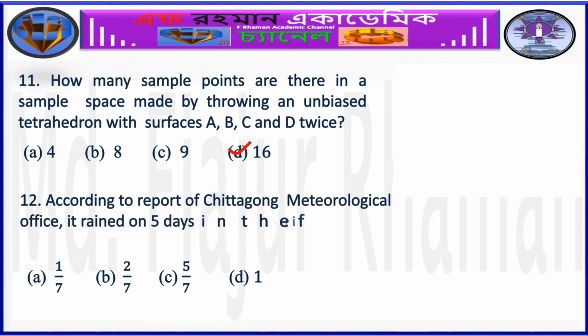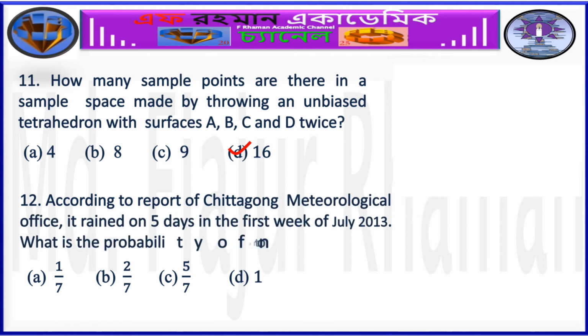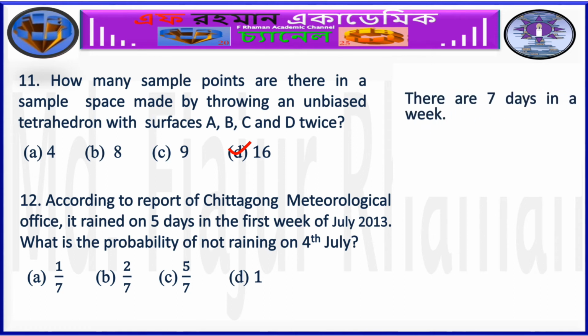MCQ 12. According to a report of the Chittagong Meteorological Office, it rained on 5 days in the first week of July 2013. What is the probability of not raining on 4th July? There are 7 days in a week.